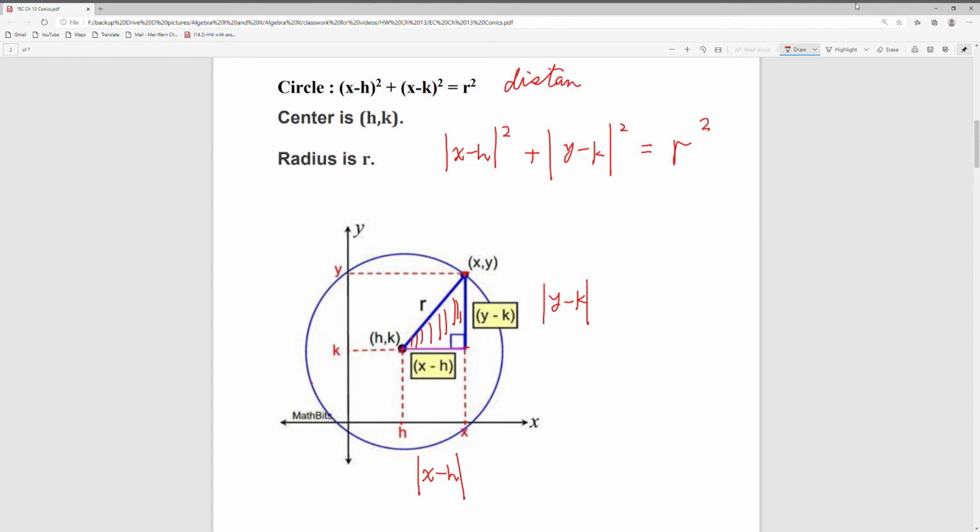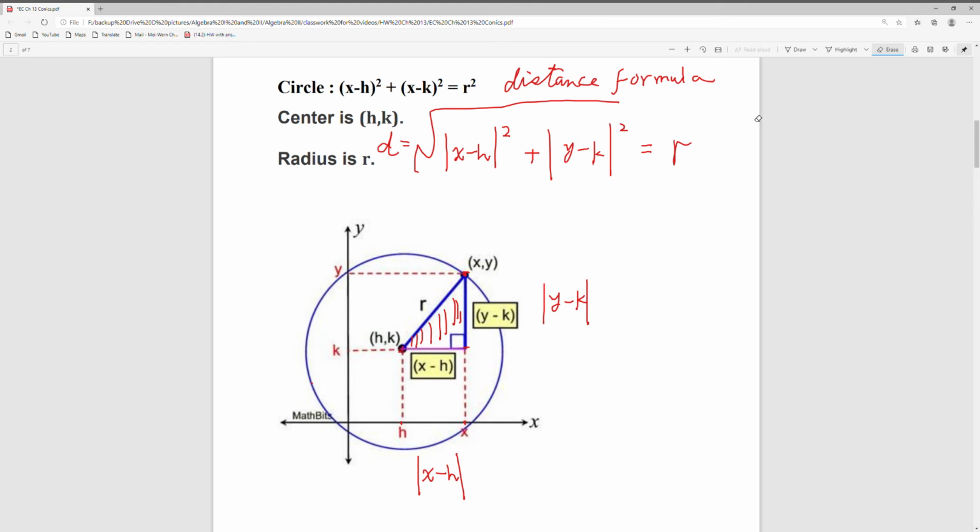The distance formula: how do you calculate the distance?